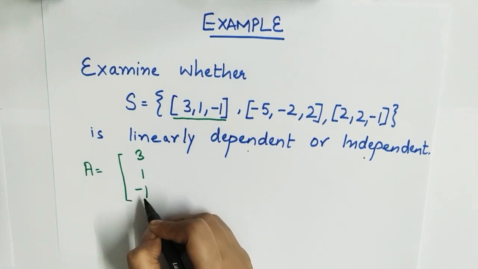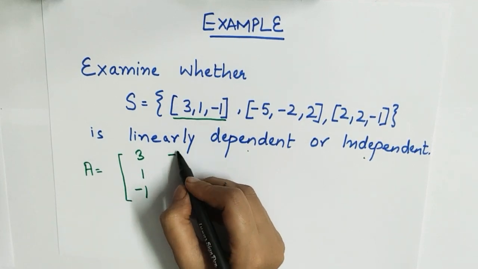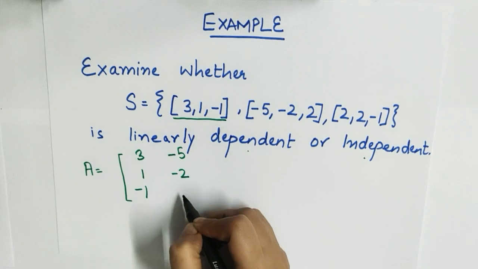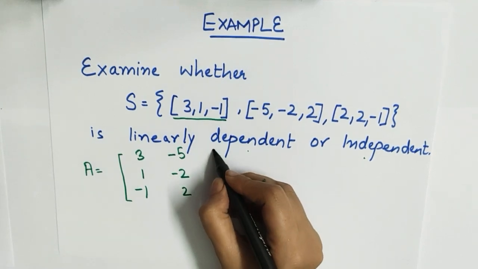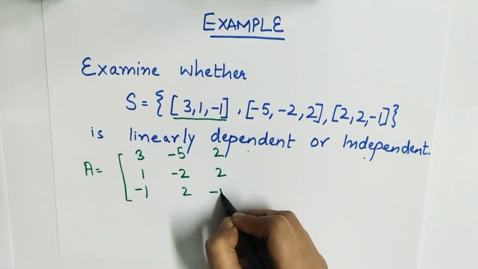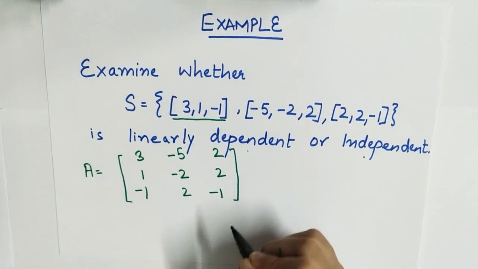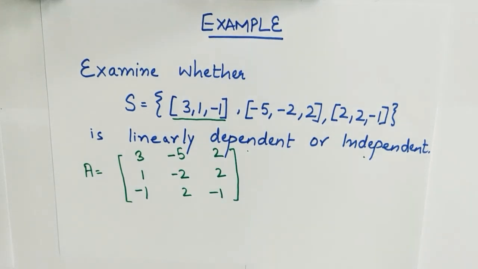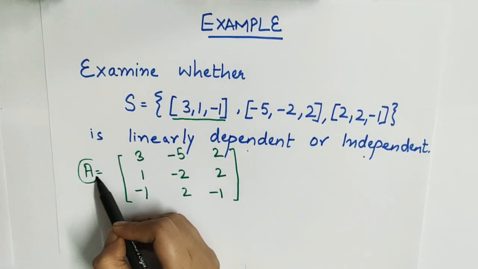Similarly, the second vector (-5, -2, 2) becomes my second column. (2, 2, -1) becomes my third column. So this is my first step where I have constructed my matrix A.